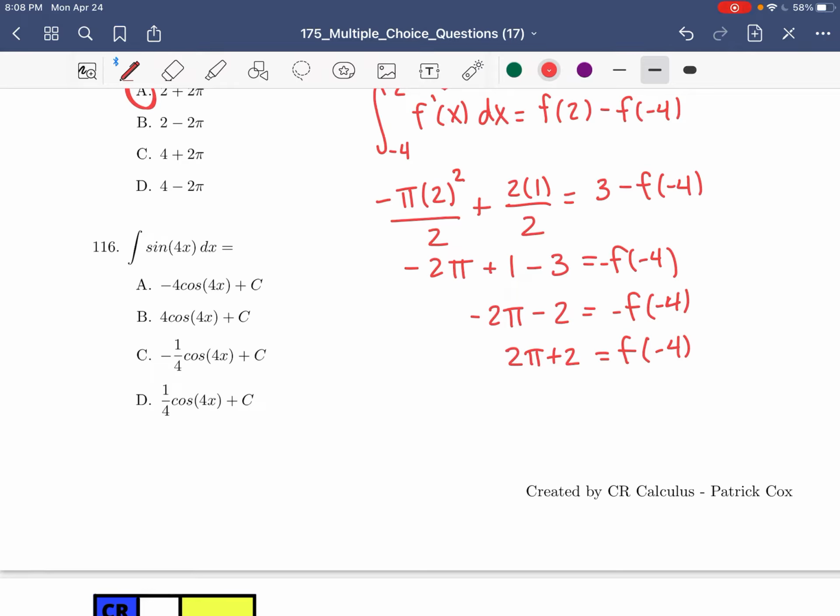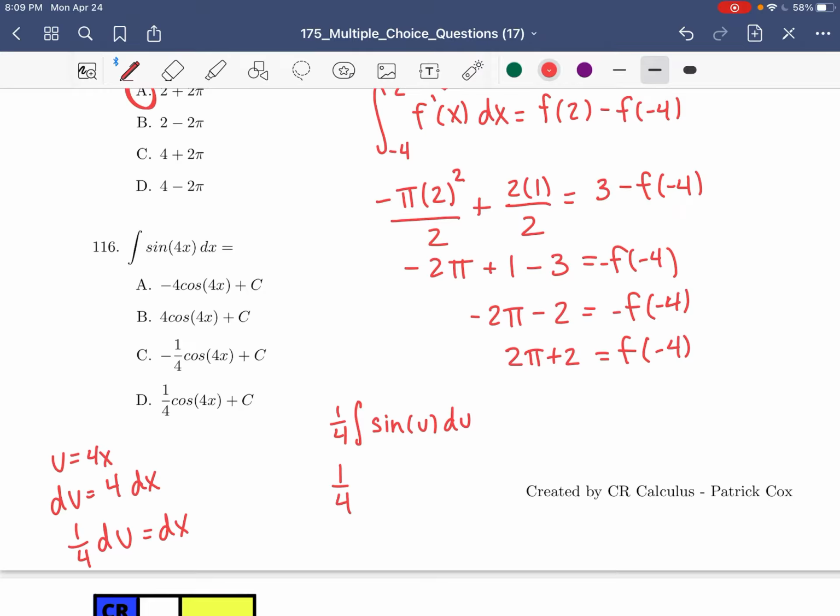Okay, 116. So looking at this one, you should know you need u sub because we have a function inside of another function. So I'm going to make u equal to 4x, du equal to 4 dx. But I don't want that 4 there, so I'm going to divide by a 4. So I have 1/4 du equals dx. So then I'm going to have the antiderivative of sine u du.